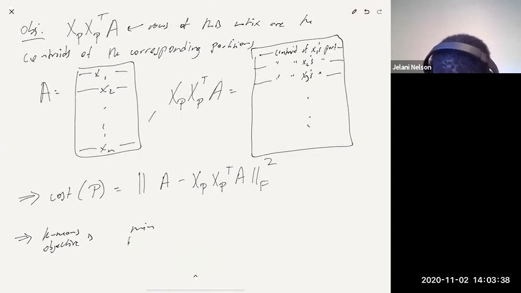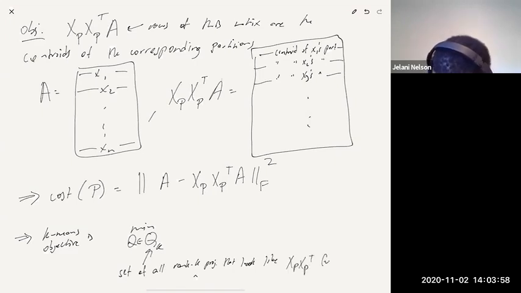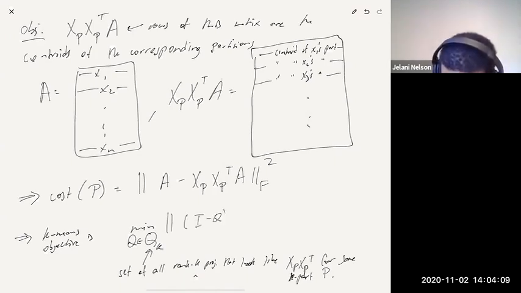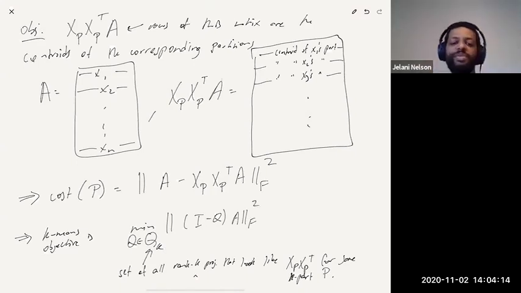Q in Q_k, where Q_k is the set of all rank-k projections that look like X_P transpose for some k-partition P. So it can be written as basically the Frobenius norm squared of (identity minus Q) A. Which means if you have a PCP sketch, you can do sketch and solve.